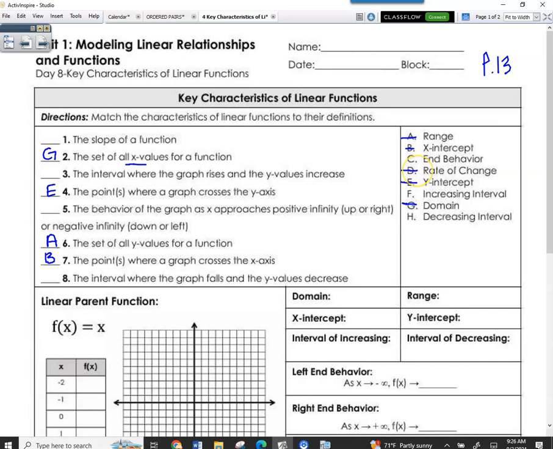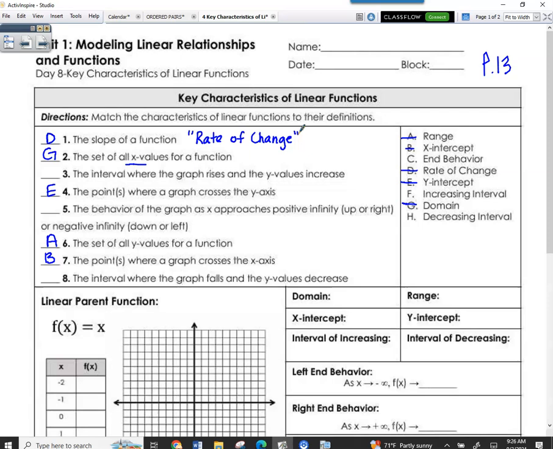Rate of change is a fancy way to represent slope. You may even want to write it next to it so that you can tie that phrase together. If I say the rate of change, I'm definitely just talking about the slope. I'm asking what's happening to the y's as what's happening to the x's.